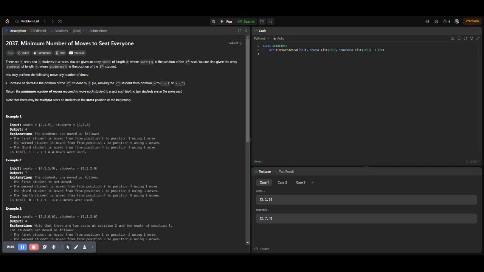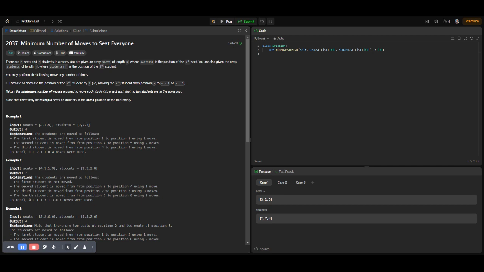The first chair is at position 3, the second seat is at position 1, and the third seat is at position 5. But the students sit at positions 2, 7 and 4. I hope till now you understand.